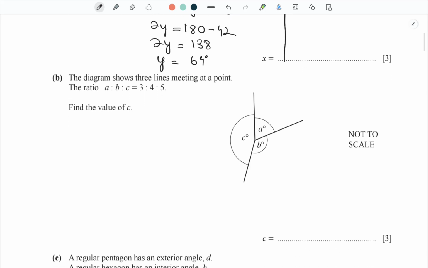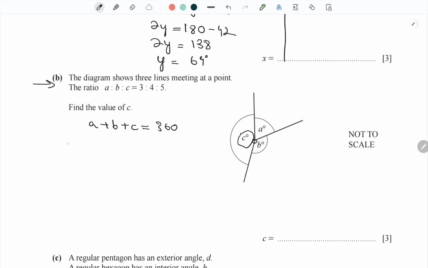In this question the diagram shows three lines meeting at a point. We have angles a, b and c in the ratio 3:4:5, and we want to calculate the value of c. First we know that all the angles a, b and c add up to 360, because they form a complete angle around the point.